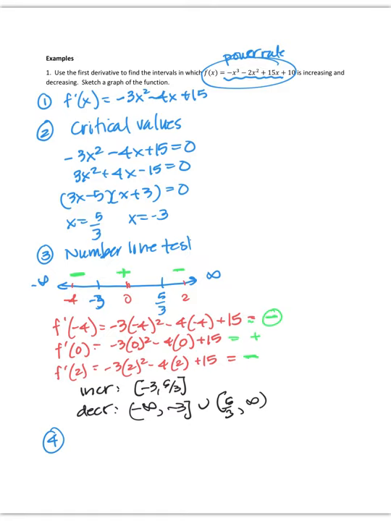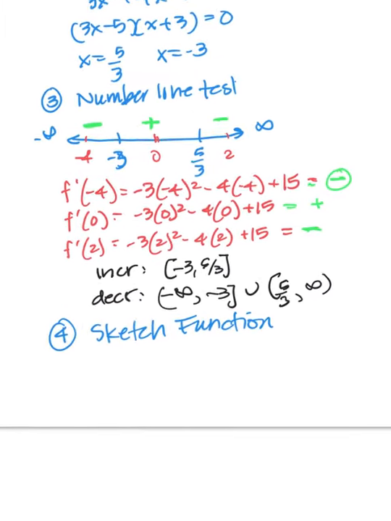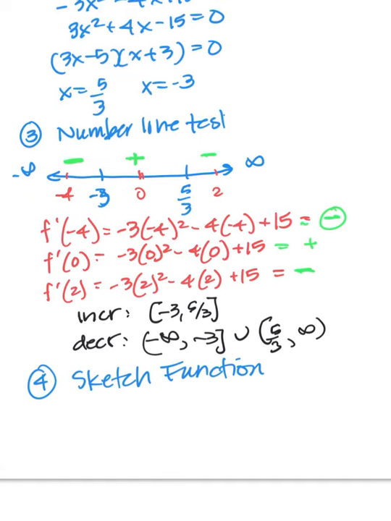Now we can use this information to sketch the graph. It would look something like this. So let's just do our coordinate axes. And then we're going to have a value of negative 3 as that critical value and the other value of 5/3. And what is it telling us? Between negative infinity and negative 3, it's going down.